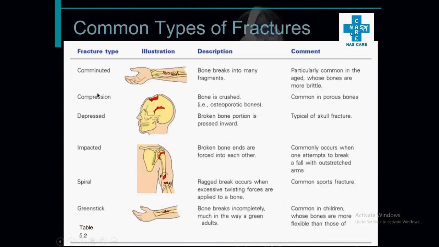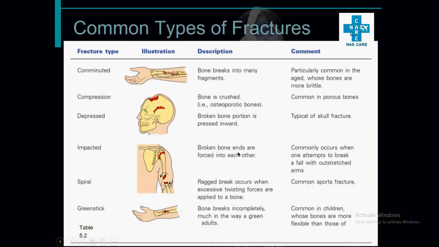Common types of fracture we saw here: comminuted, compression, depressed, impacted, spiral, and greenstick. In comminuted, the bone breaks into many fragments. In compression, the bone is crushed, as in osteoporotic bones. In depressed, the broken bone portion is pressed inwards.